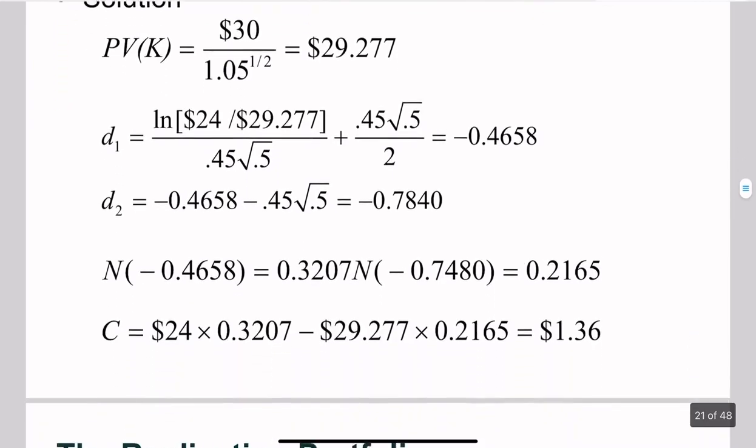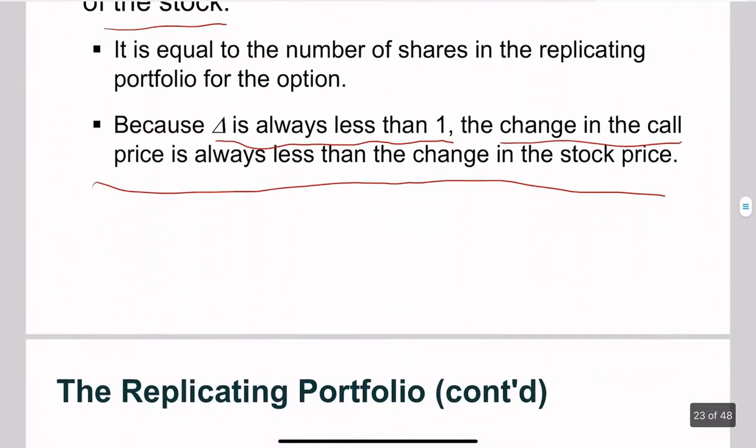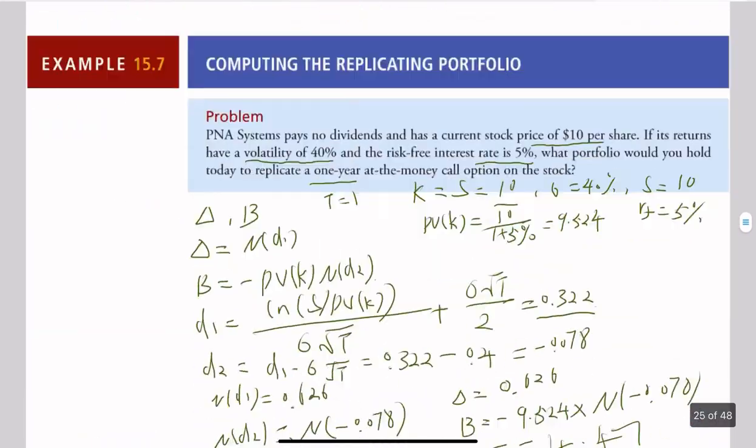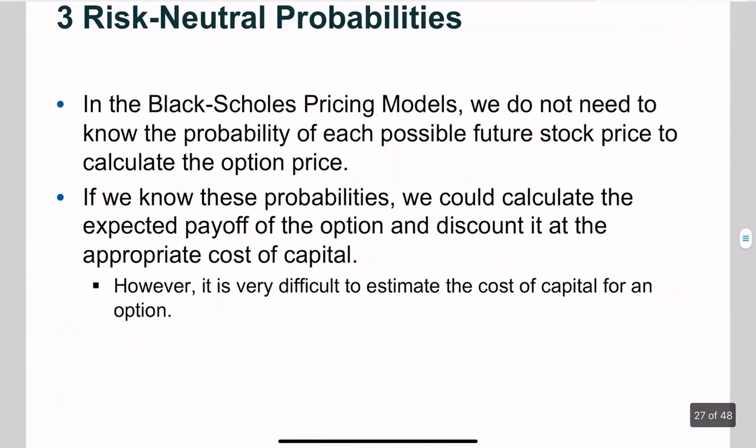Now let's think about this. What happens if we do have possibilities, right? So let's say we know the possibility of each possible future price, it's possible we can use this discounted cash flow model, right?